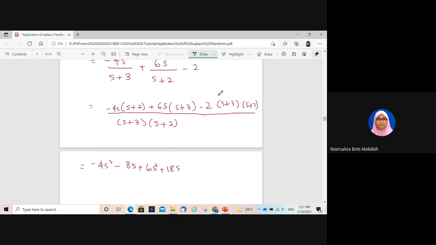And this one saya darab siap-siap dulu s square plus 5s plus 6 and times with 2. Betul tak ni? So minus 2s square minus 10s minus 12. Bahagikan dengan s plus 3, s plus 2. Betul tak?